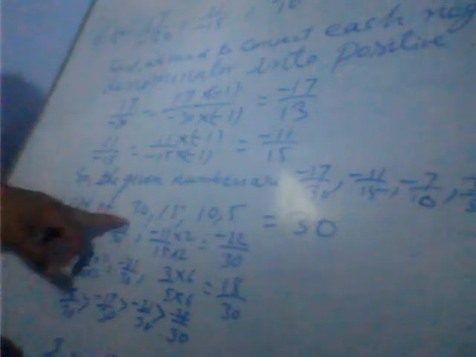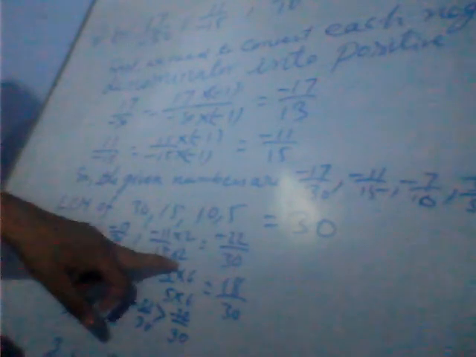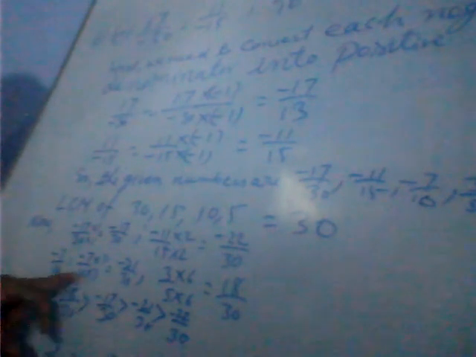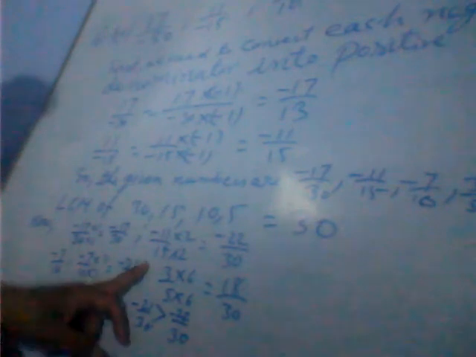Minus 17 by 30, we multiply by 1, we get minus 17 by 30 again. Minus 11 by 15, when we multiply with 2, in the denominator we get 30 and in the numerator we get minus 22. Minus 7 by 10, we multiply with 3 in numerator and denominator. In the denominator we get 30 and in the numerator we get minus 21.